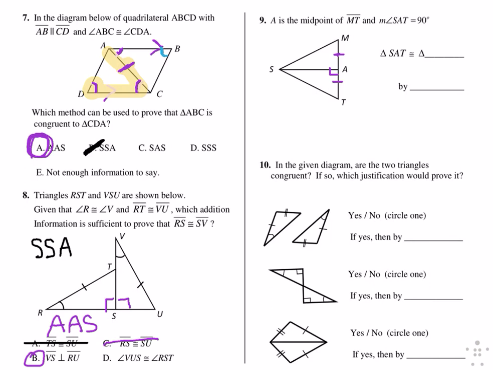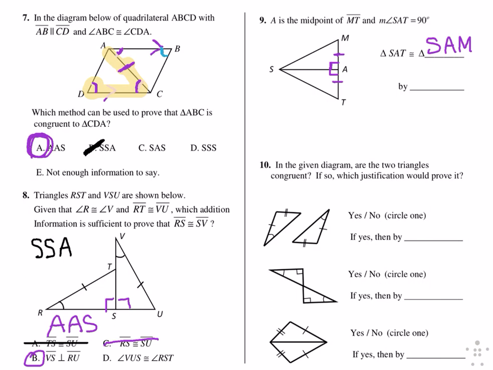Because it's a linear pair, the 90-degree symbol would also go over here. So let's go ahead and write what the triangle is congruent to. So SAT would match up with SAM if you set up the order correctly.